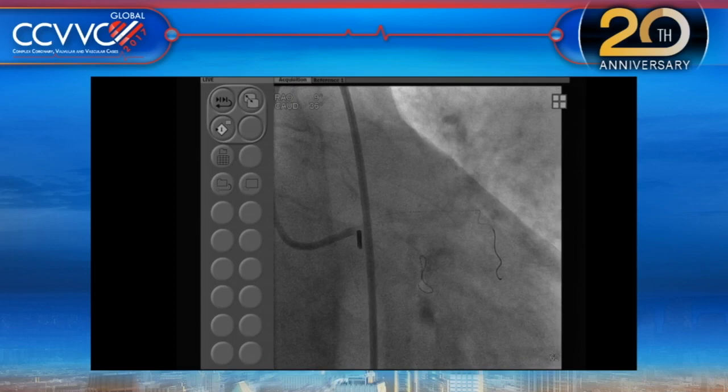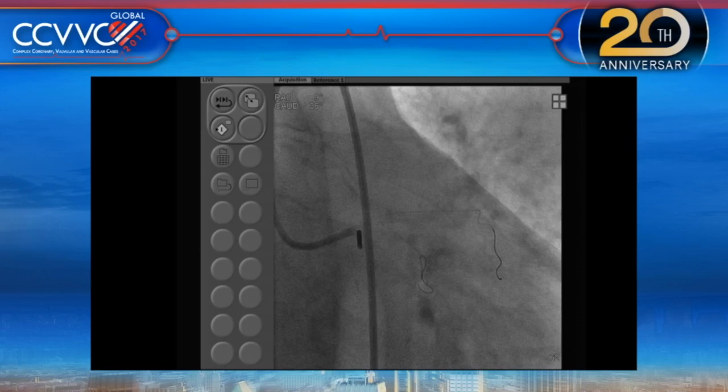It's a new class of wires. Many of them come and go, but this one looks like it may stay. It's a more hydrophilic competitor to the Fielder wire. It keeps the shape retention of the tip, and you can use it in multiple areas.